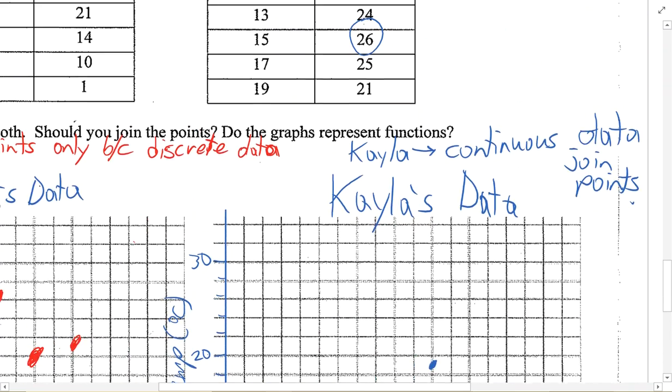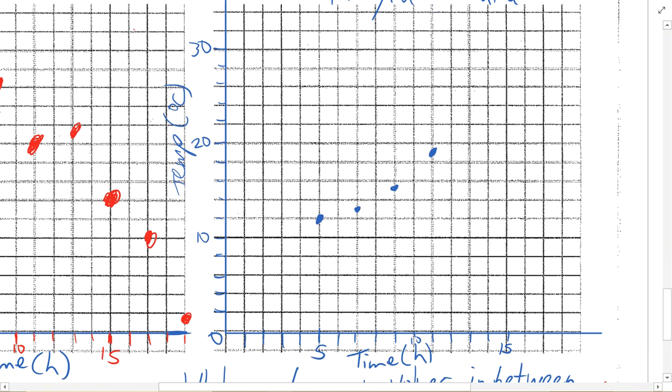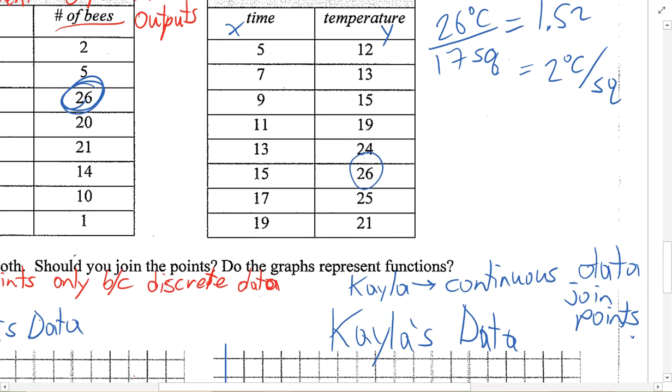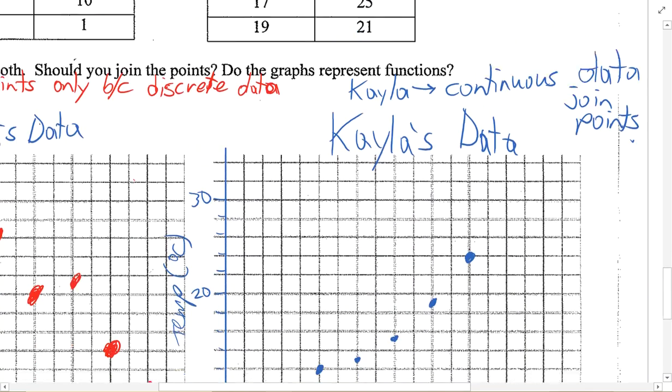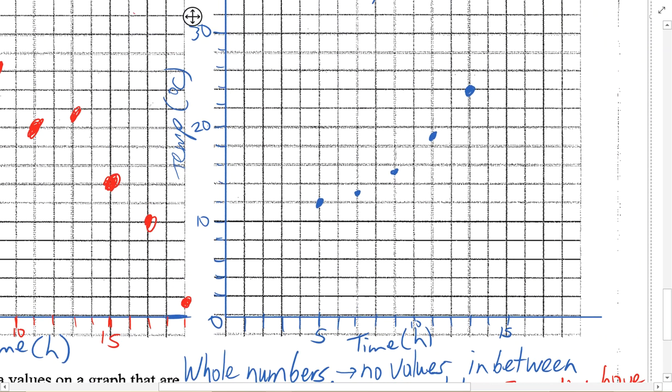So what's the next one then? 13 is 24. So here's 13, and here's 2, 4. So right there. And what's next? 15 is 26. So here's 15.